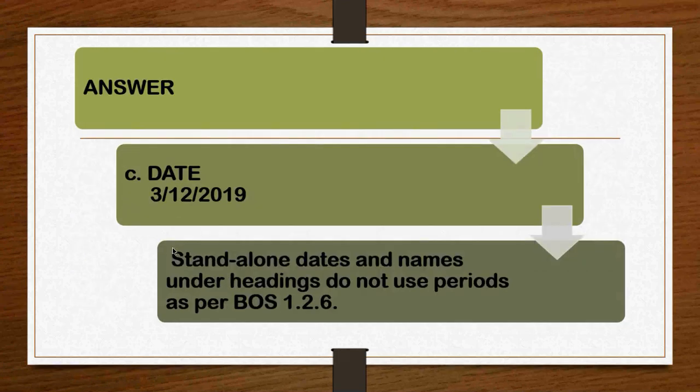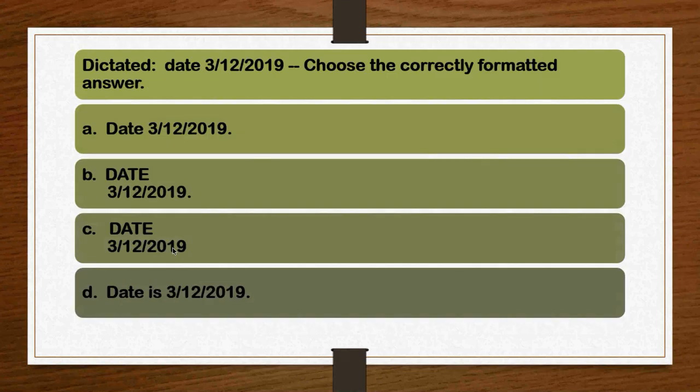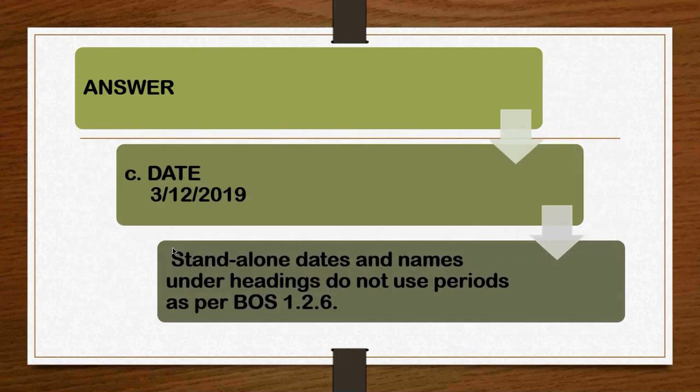The answer is C. Standalone dates and names under headings do not use periods. Anything else would use a period. The B has a period after it, and C does not. So if it was a name like surgeon or doctor, like anesthesiologist, and then doctor name, no period, because the rule is standalone dates and names under headings don't use periods, and that is in Book of Style 1.2.6.